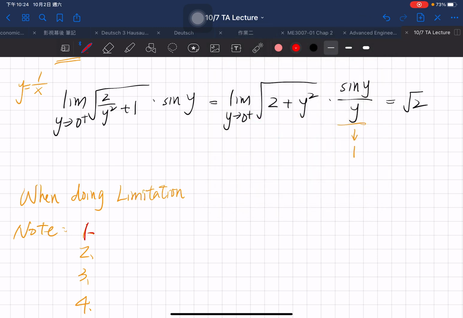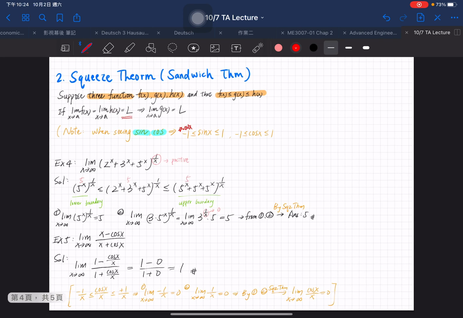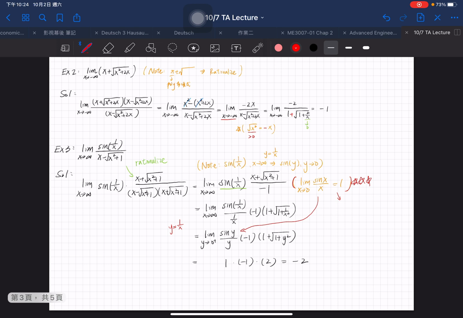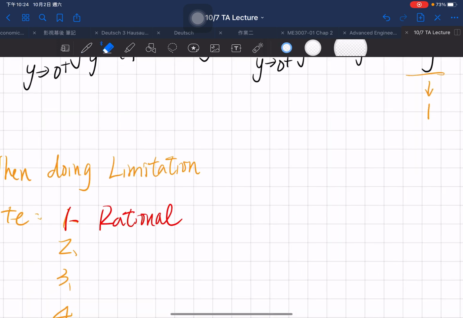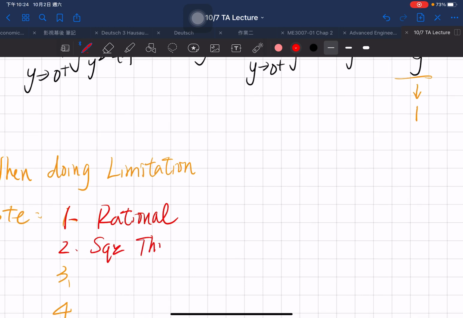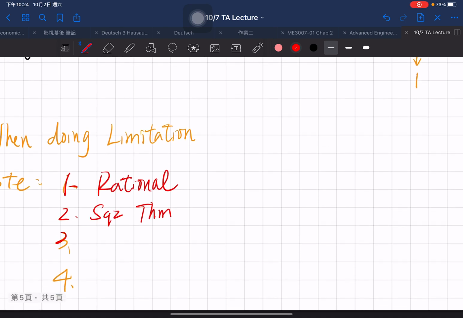The first one is what I mentioned in examples 3 and 4, that 2 and 3 is irrational. And the second one is the squeeze theorem. Okay, it is a very powerful theorem when you are doing limits.